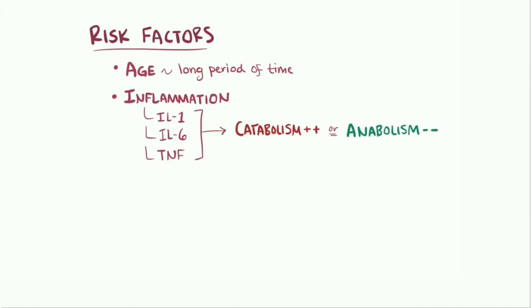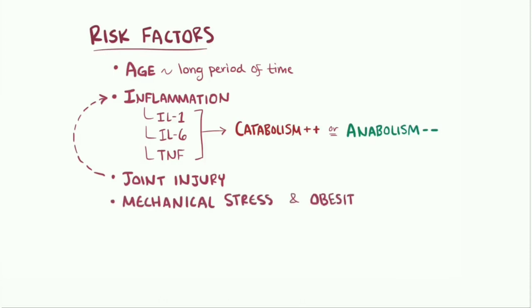Also, joint injury, which brings about inflammation, seems to be a major risk factor for osteoarthritis, as well as mechanical stress and obesity. Other risk factors include neurologic disorders, genetic factors, and medications.